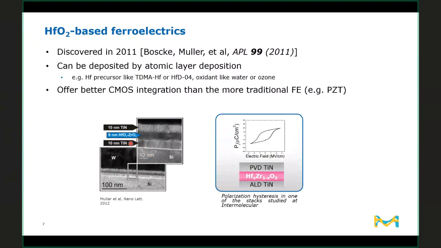Here we see a combined hafnium oxide zirconium oxide layer that's sandwiched in between two titanium nitride electrodes. When we look at a very similar structure that we actually studied at Intermolecular, you can indeed see that you have this hysteresis behavior like what we observed in the theoretical version of what a ferroelectric would look like. And the great thing about these materials is that the CMOS integration is much easier than the traditional ferroelectrics like lead zirconium titanate.